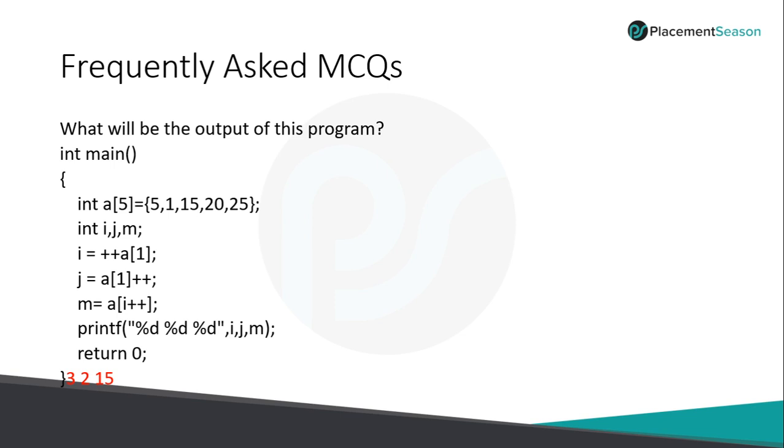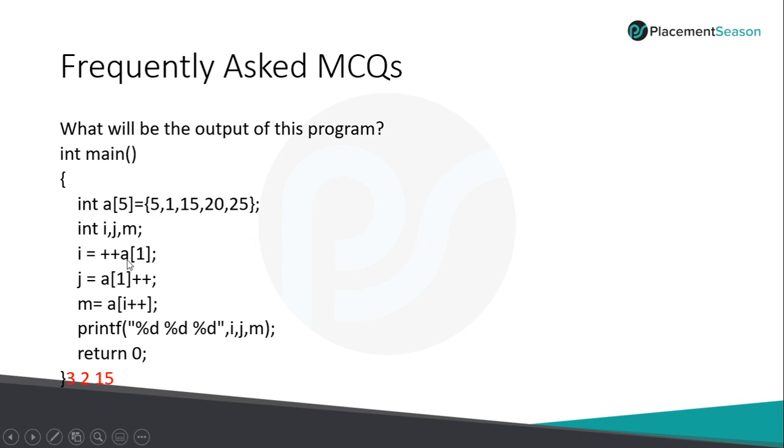Many students are still typing 2, 20, 20. So understand this problem with the answer I have displayed here. Before I explain, try to check the code and why we are getting 3 2 15. Okay, let me explain this. Look at the first statement here.